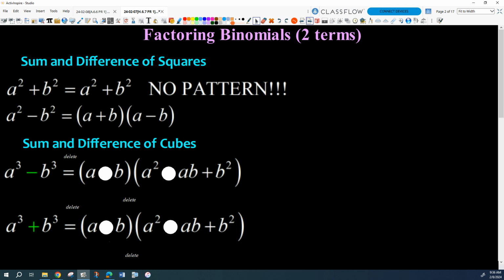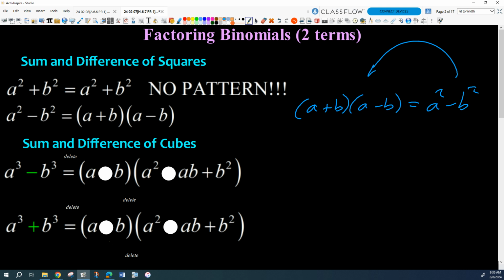We've seen this guy already, right? We looked at this the other direction. We said that the conjugate product pattern, A plus B times A minus B, is equal to A squared minus B squared. So we went in the multiplication direction. Now we're just going to flip that around and go in the factoring direction.